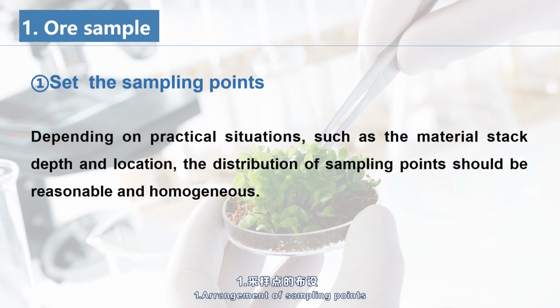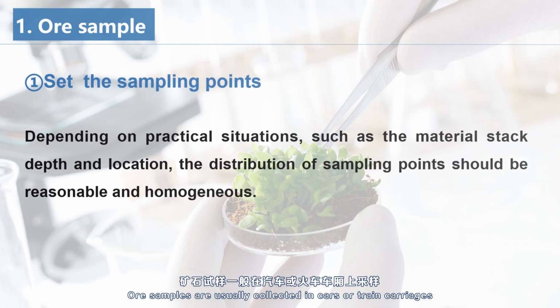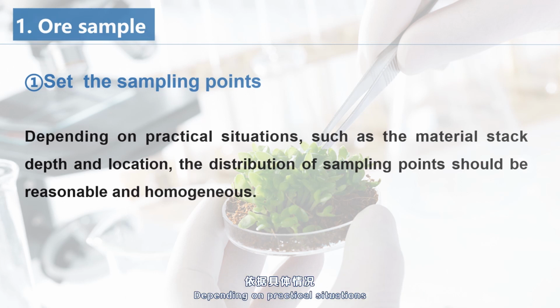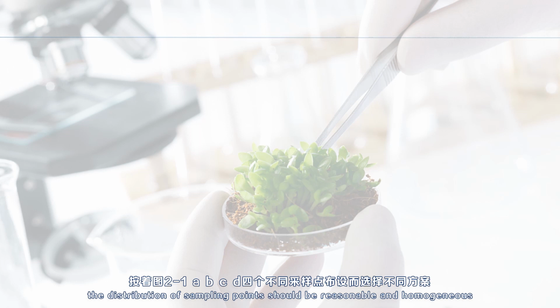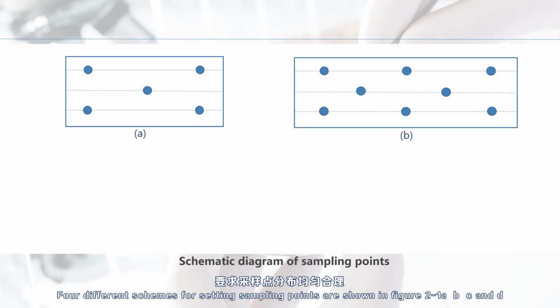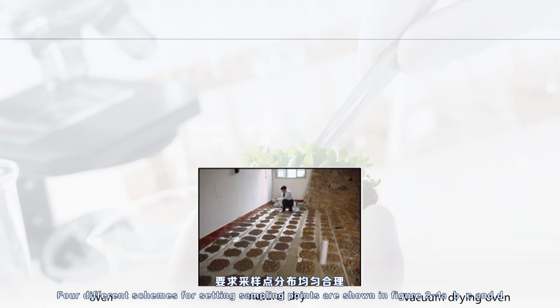First, arrangement of sampling points. All samples are usually collected in cars or train carriages. Depending on practical situations, like the material stack depth and location, the distribution of sampling points should be reasonable and homogeneous. 4 different schemes for setting sampling points are shown in Figure 2.1a, b, c, and d.